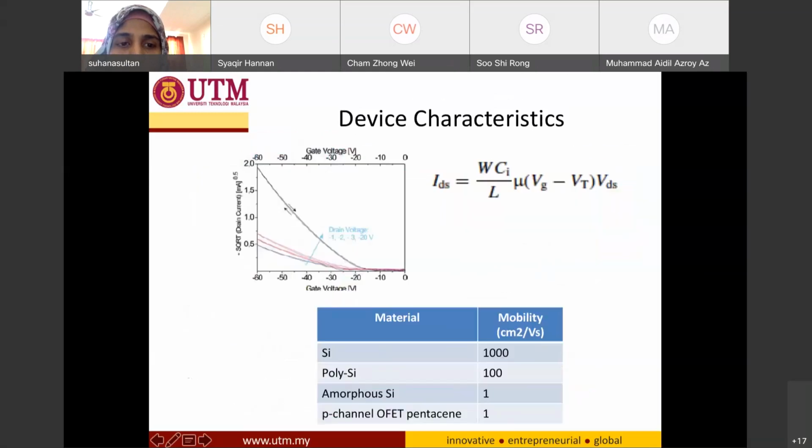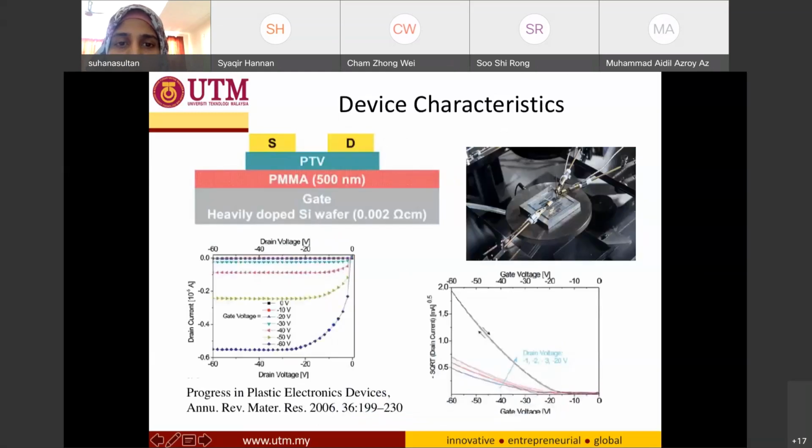Because if you look carefully, if you follow the current with the voltage, the drain voltage is negative, and the current is also in this regime, the third quarter regime of the IV plot. So this is a P-type organic semiconductor device.